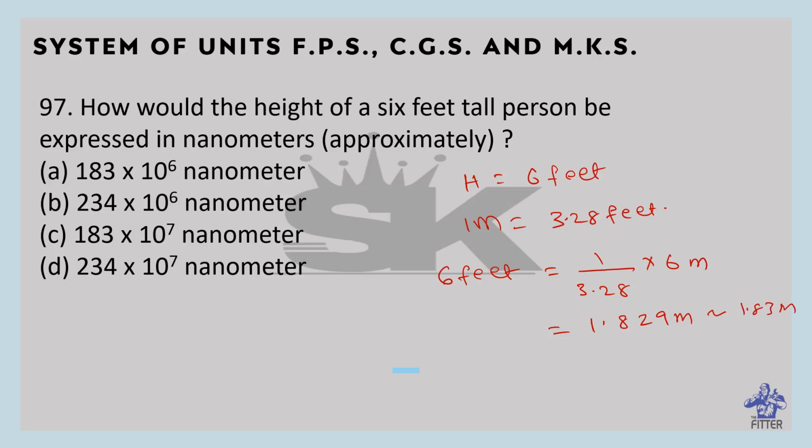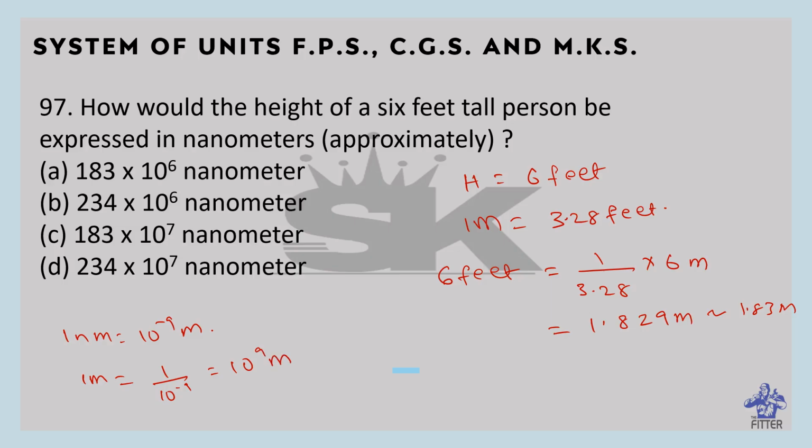Okay. So 10 to the power of minus 9 meter is 1 nanometer. Okay. 1 nanometer equals to 10 to the power of minus 9 meters. Right. So 1 meter equals to 1 by 10 to the power of minus 9 or 10 to the power of 9 nanometers. Right.